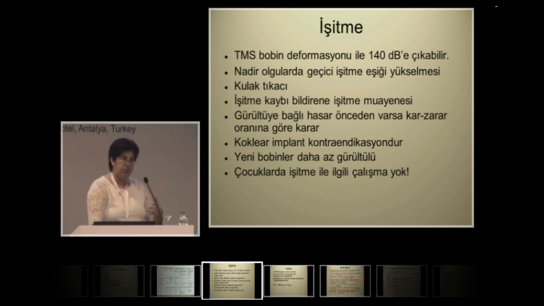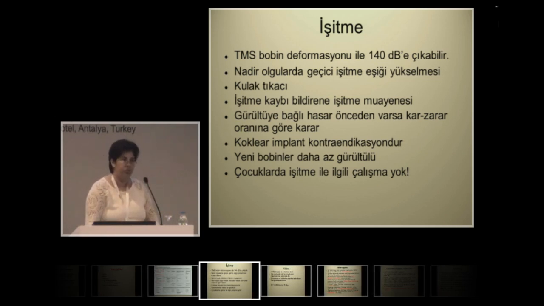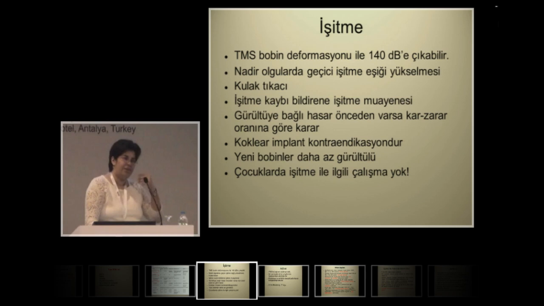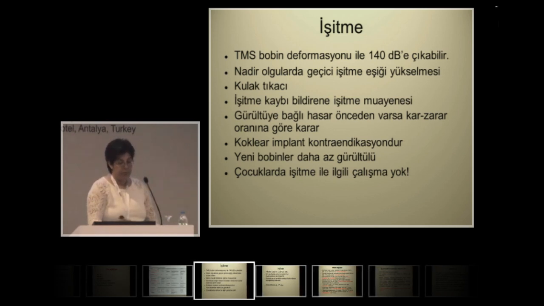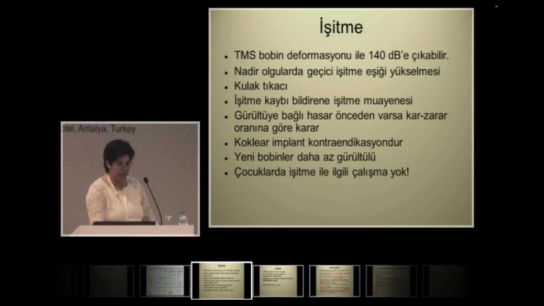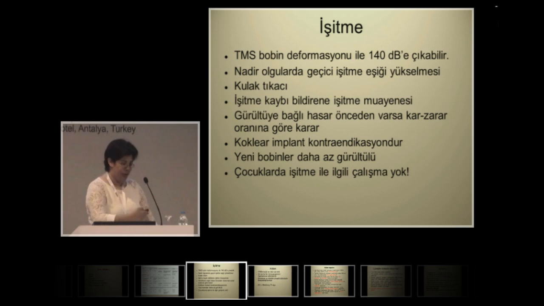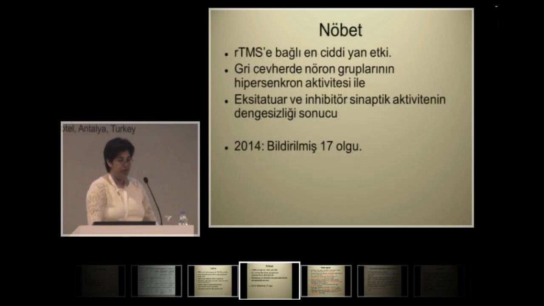If there's an existing hearing impairment induced by high volumes, in this case you have to explain to the patient. You may use some plugs that are just placed inside the ear, or you may use earplugs which are placed on the outside of the ear. But so far we have never experienced an issue about hearing in children. The problem is that there are no studies on hearing, and they have more sensitive ears too.